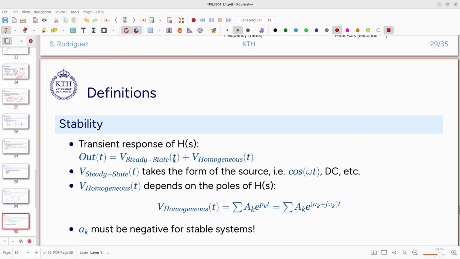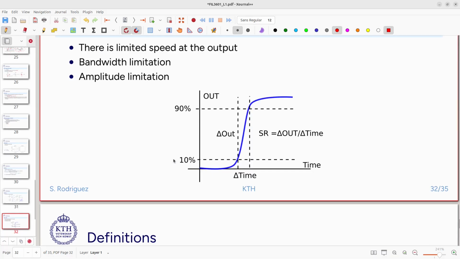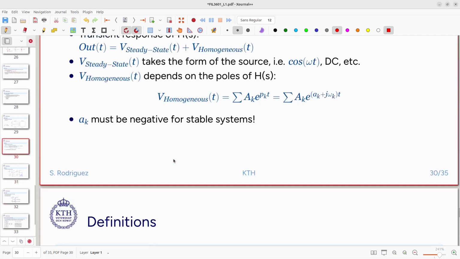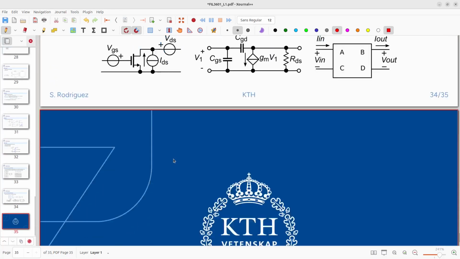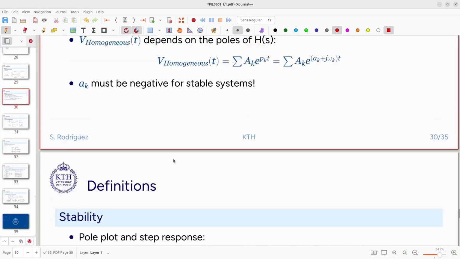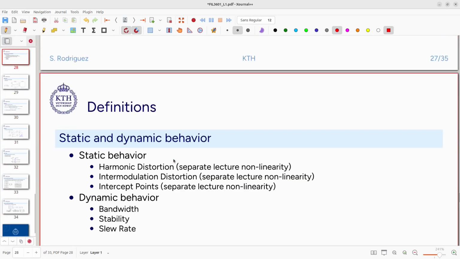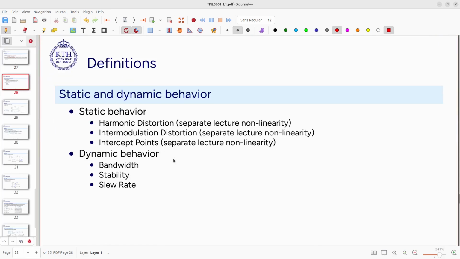So we still have a number of topics to discuss, and the next one will be the static and dynamic behavior.